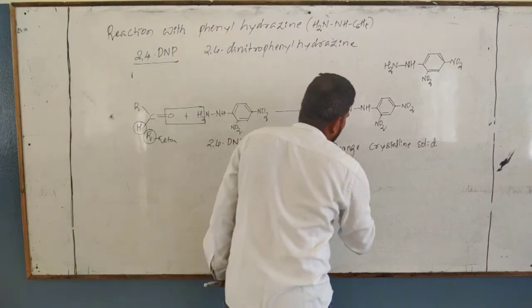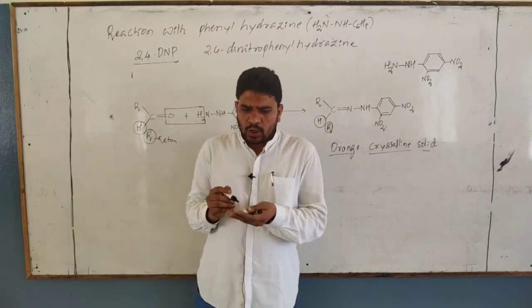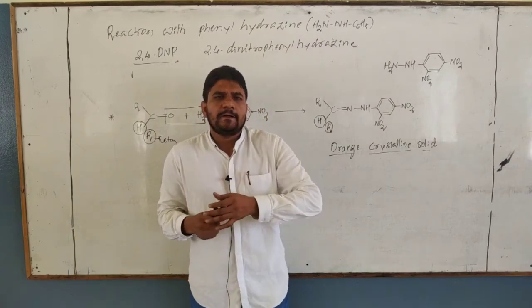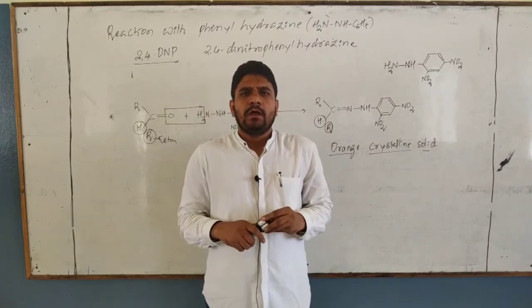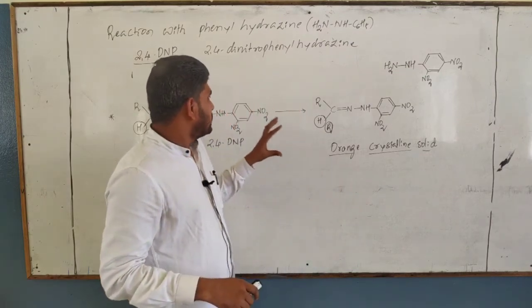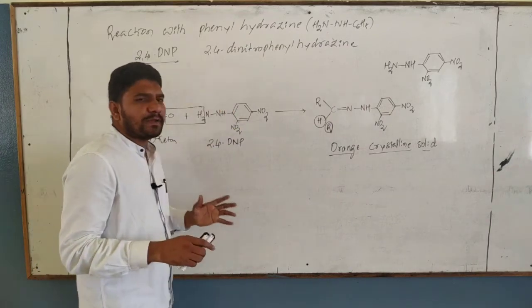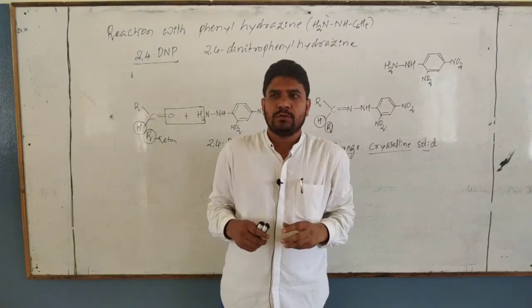They form an orange crystalline solid. That's why in organic analysis, in lab, this 2,4-DNP is used to identify the presence of the carbonyl group.